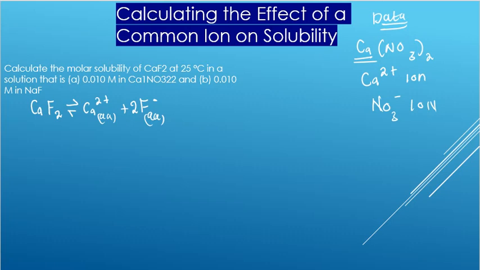In this case, we have calcium in the equation, and of course calcium is the common ion effect. Okay, so this is our common ion effect. So this is how you come about with a common ion effect.